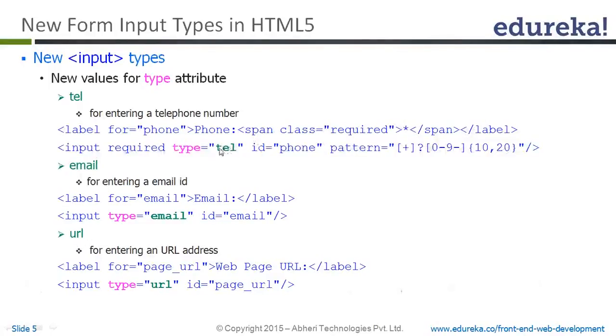Note that the text shown here in green color are new values defined only in HTML5. They are not present in HTML 4.01. The type attribute does exist in HTML4 as well, but these new values have no meaning in 4.01, while they have a meaning in HTML5.